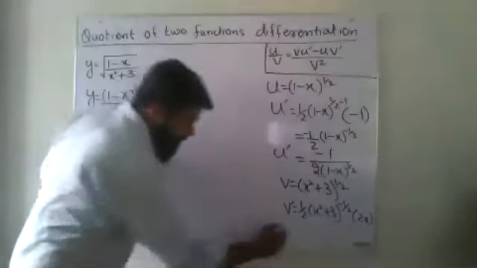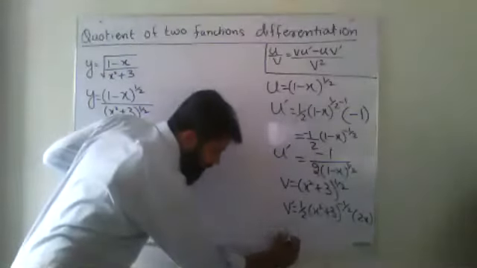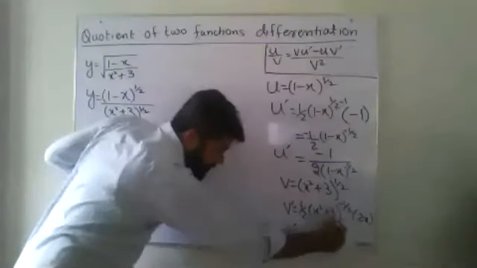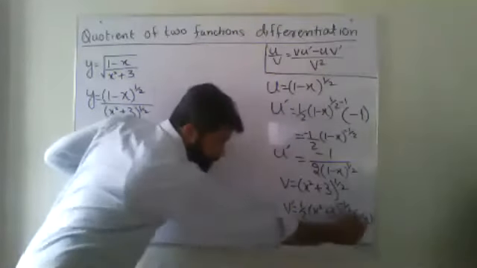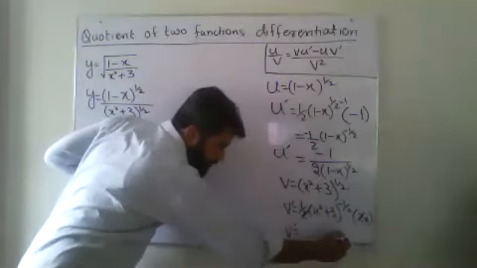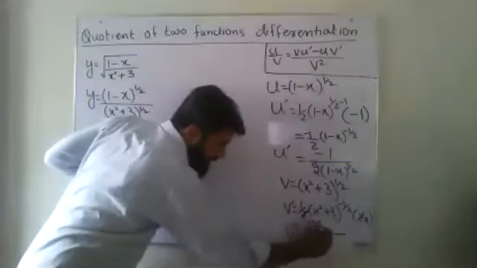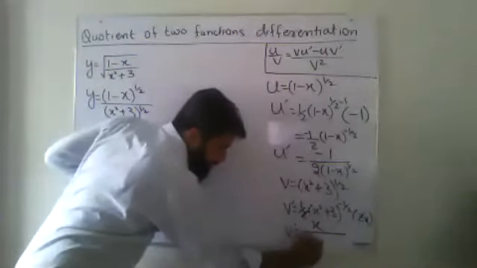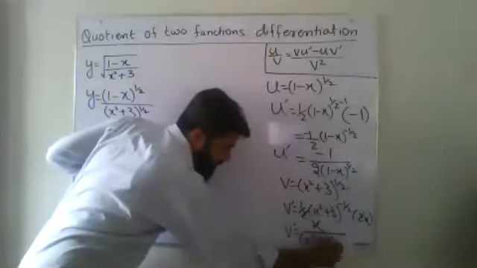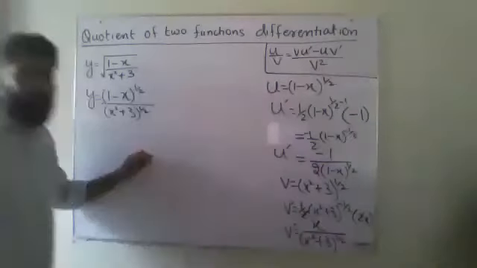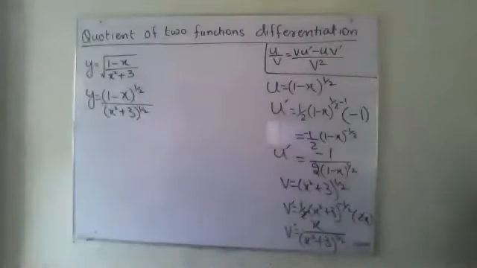Simplifying it further, this 2 and this 2 will be cancelled, so I am going to have x over (x squared plus 3) whole power half. Okay, I am going to have this thing.